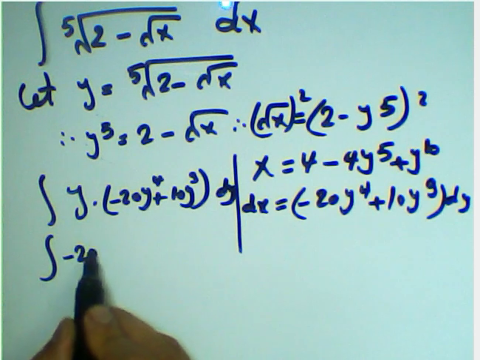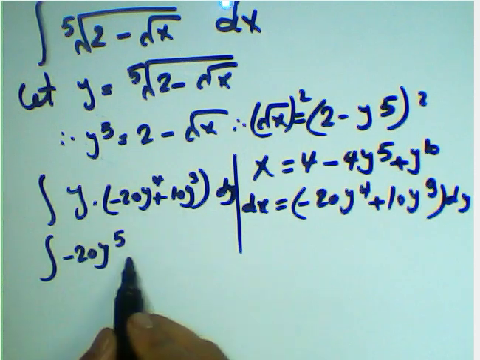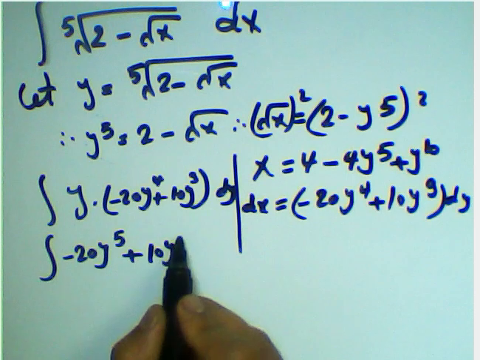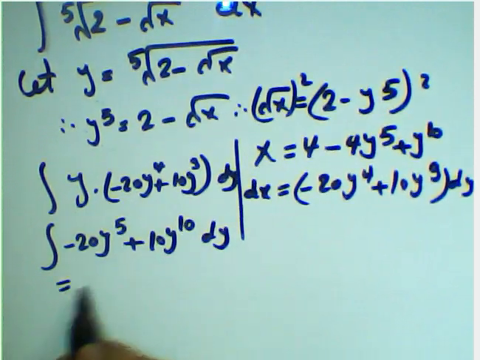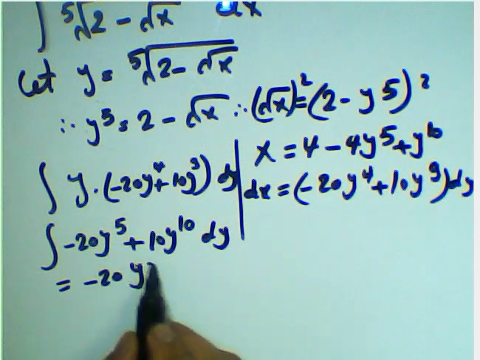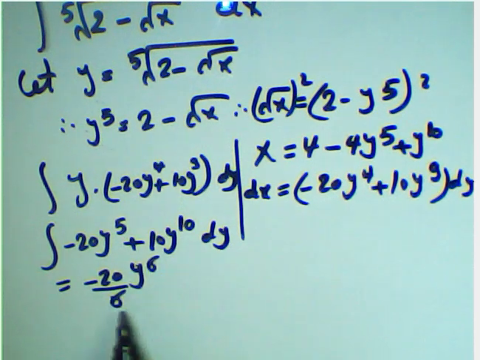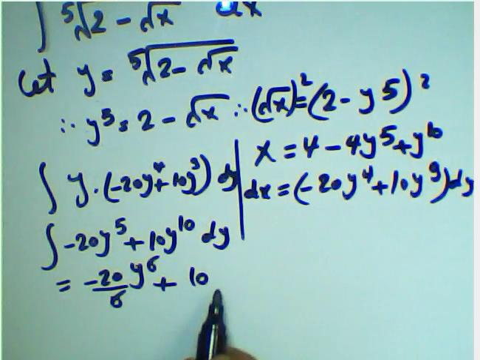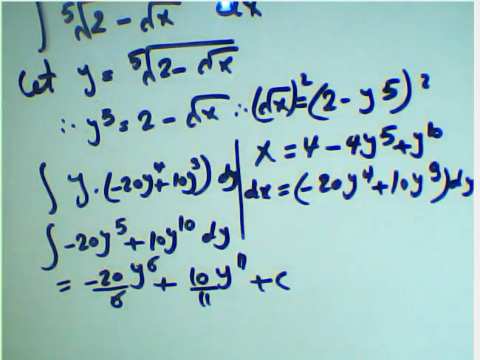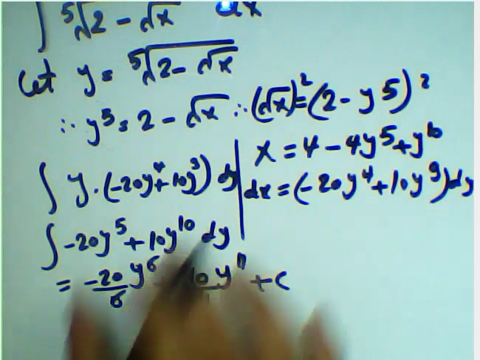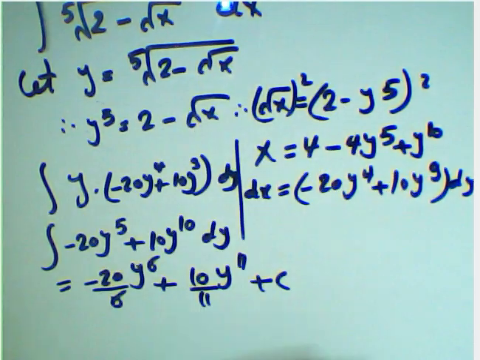The result will be negative 20 y power 5 plus 10 y power 10 dy. We will add 1 to the power and divide by the new power here, and 10 y power 11 over 11 plus a constant. And then you can cancel any y here and write the fifth root to end the question.